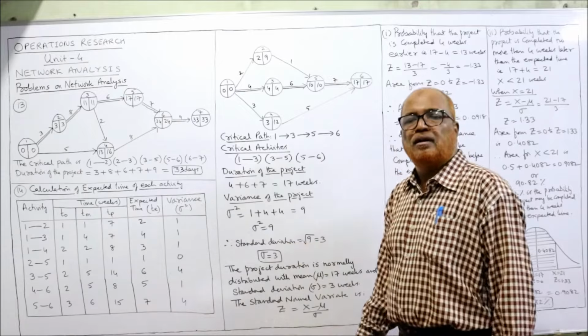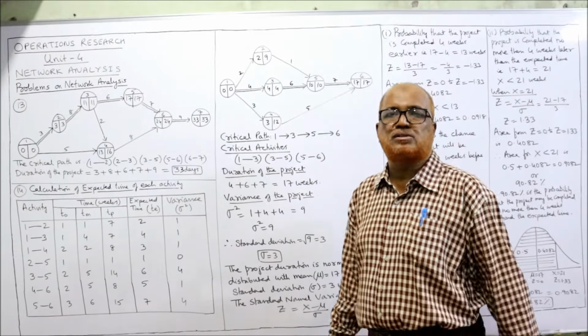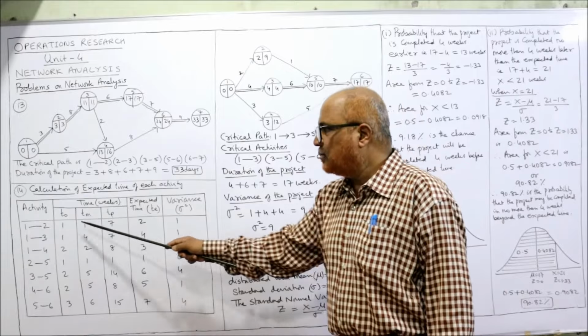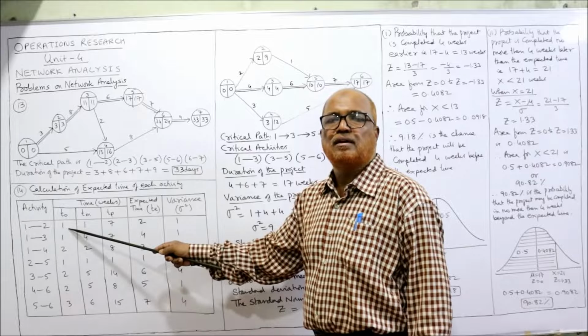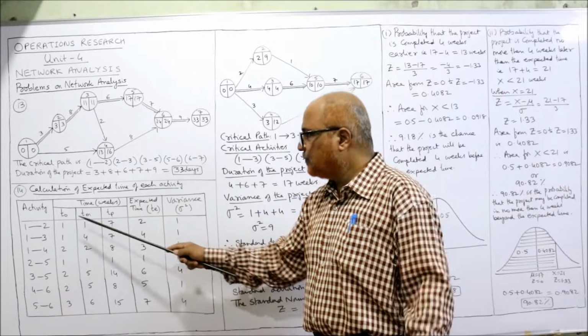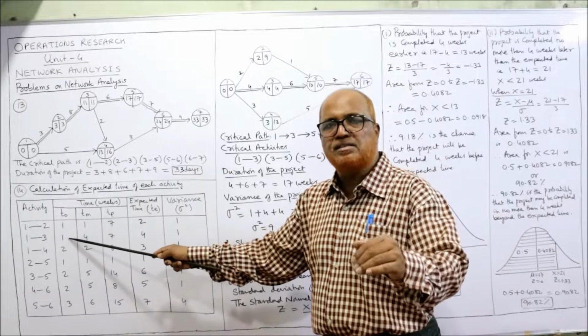And variance is (TP minus TO divided by 6) whole square. TP is 7. 7 minus 1 is 6. 6 by 6 is 1. Square of 1 is 1. Similarly, 7 minus 1, 6. 6 by 6, 1.